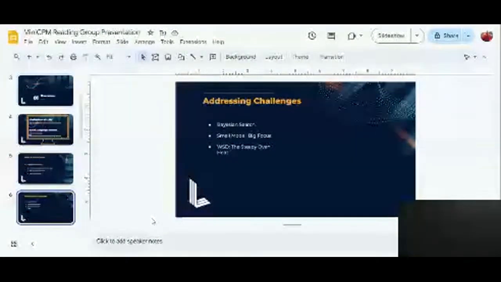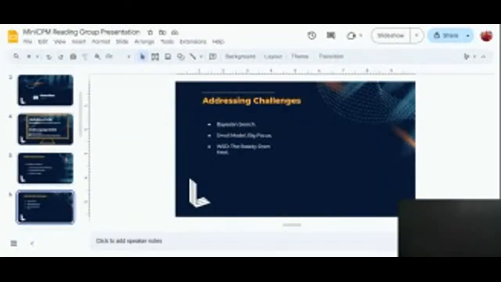So for that purpose, in this paper three approaches have been used to address these challenges. The first hurdle is finding the optimal hyperparameters, which are essentially the settings that fine-tune the learning process.